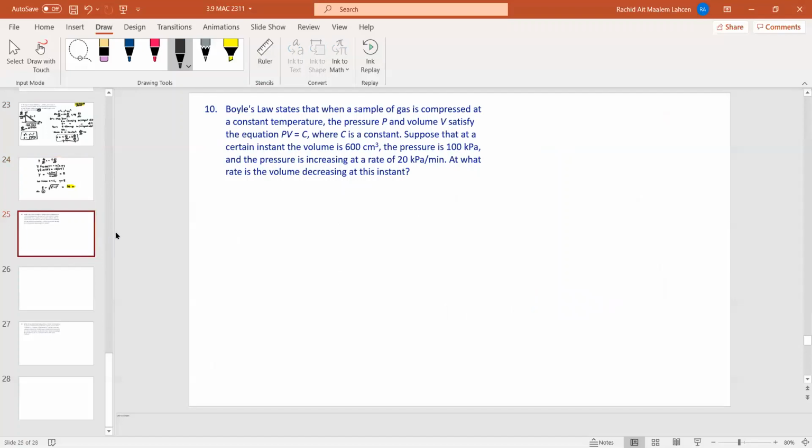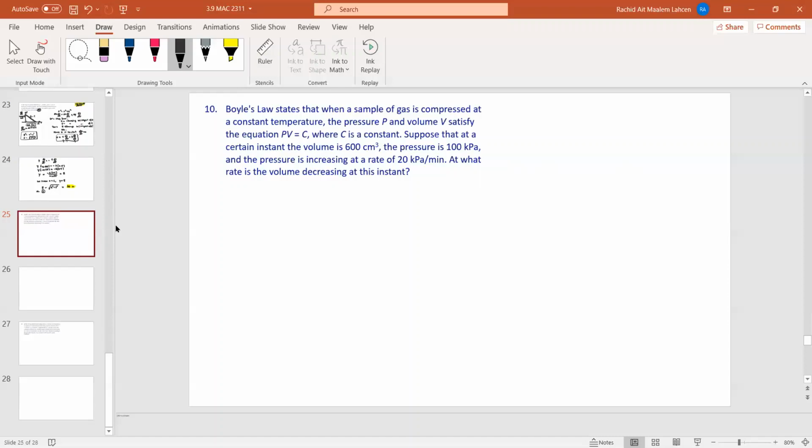So Boyle's law states that when a sample of a gas is compressed at a constant temperature, the pressure P and volume V satisfy the equation PV equals C, where C is a constant. Suppose that at a certain instant the volume is 600 cubic centimeters, the pressure is 100 kilopascal, and the pressure is increasing at a rate of 20 kilopascal per minute.